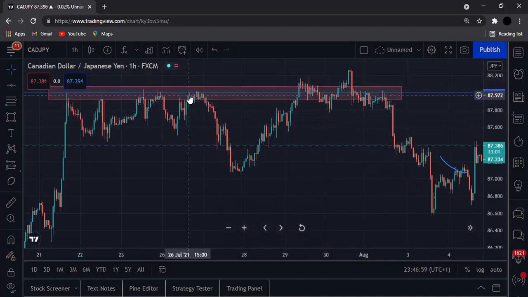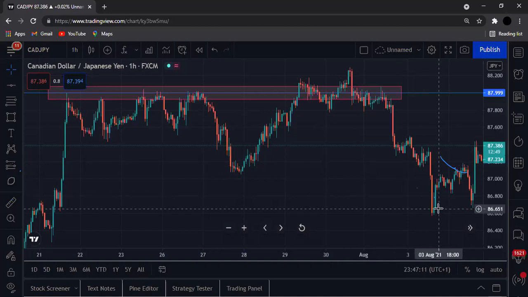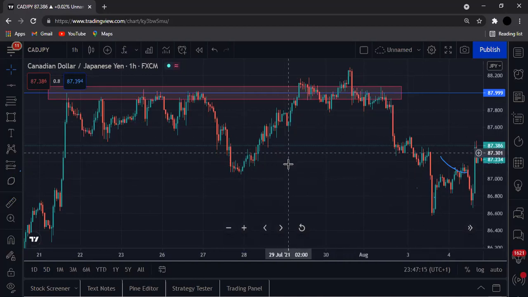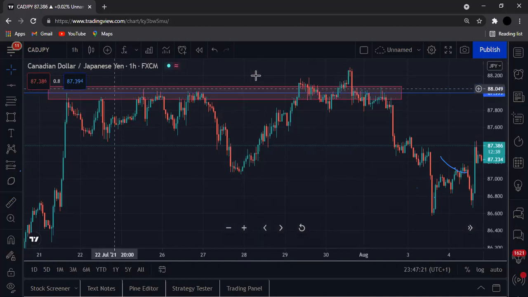Ideally, let's say we place the sell trade here, it went well. Here, we would have as well placed another sell trade, but look at what happened. It went up before falling. And in fact, it fell deeper than before. But something happened around here. Every other trader would have placed their stop loss probably around here.